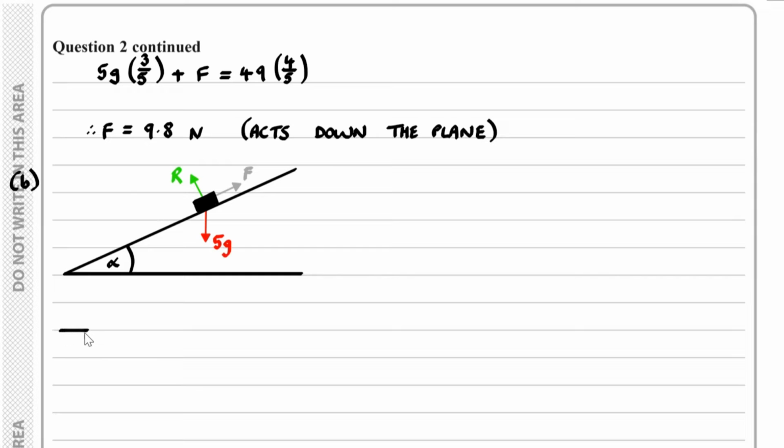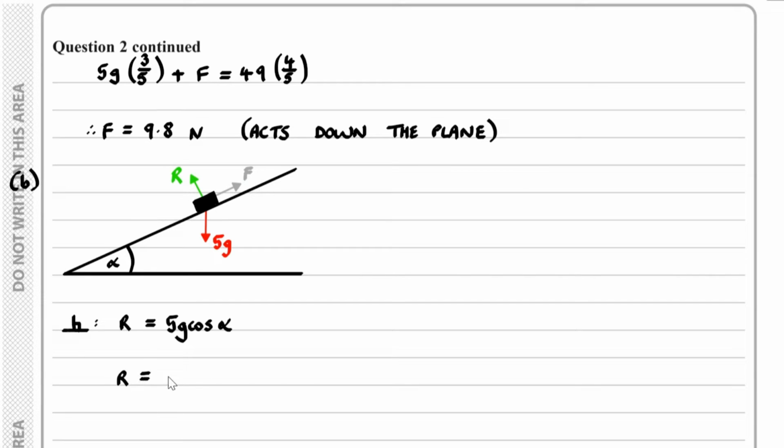So if we resolve perpendicular, we have r, which equals 5g cos alpha.